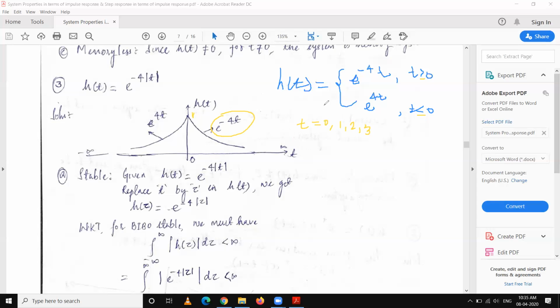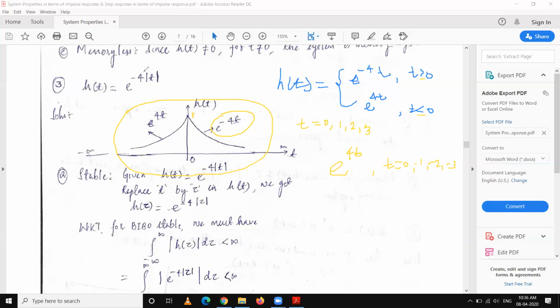Similarly for e raised to 4t, first you put t equal to 0, then minus 1, then minus 2, then minus 3. You have to put some positive values and some negative values, and you will get a sketch like this.